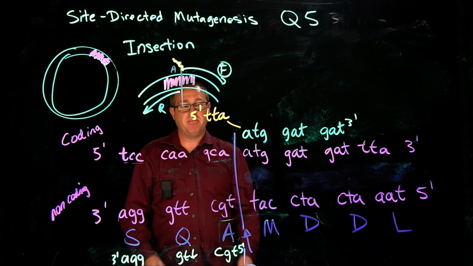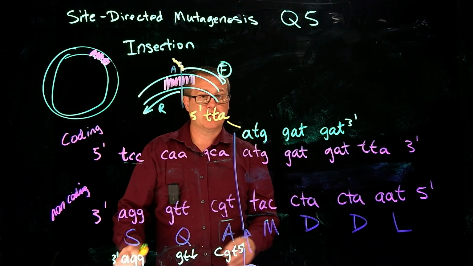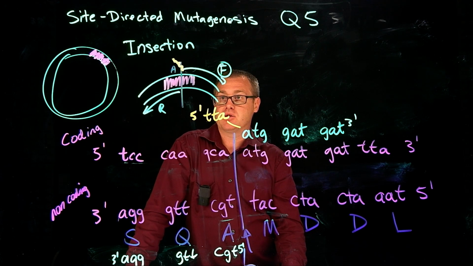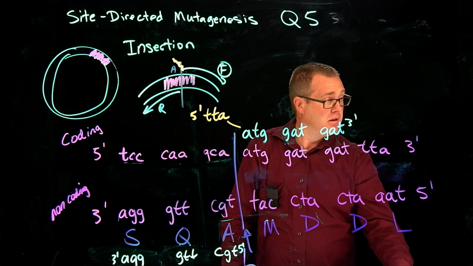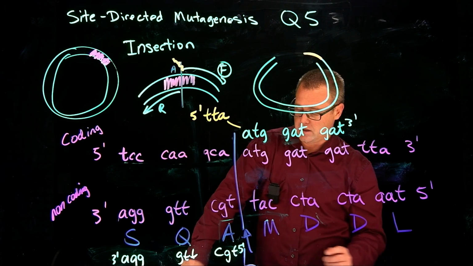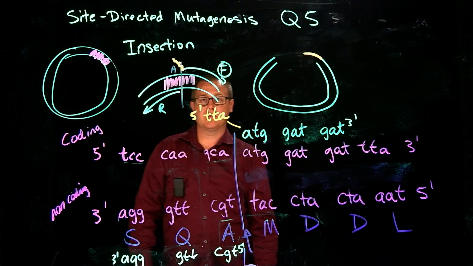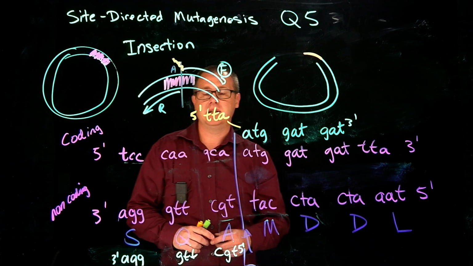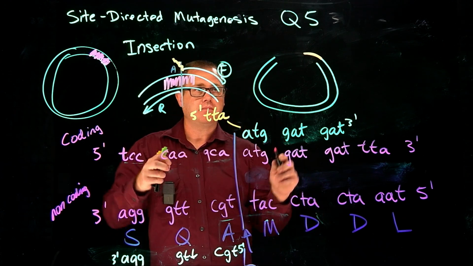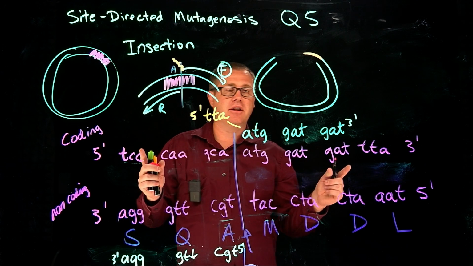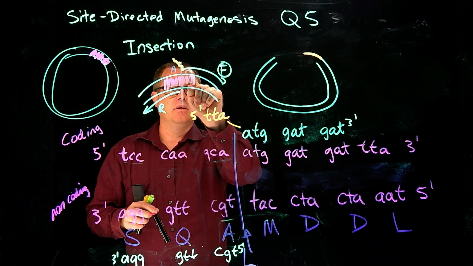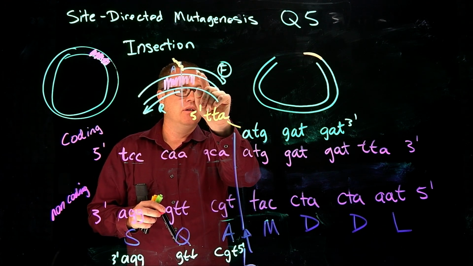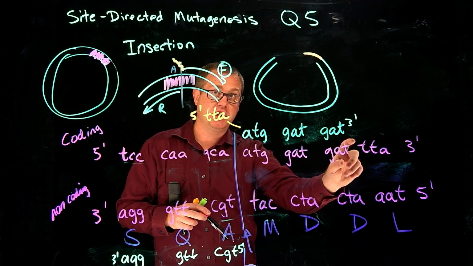And so what's going to happen now is that after the first round, let's draw what we're going to see, okay? After the first round of PCR, what's going to happen is we're going to have our linear DNA. And so this part right here, this forward primer, the way I've designed it is it's part of the gene, right?